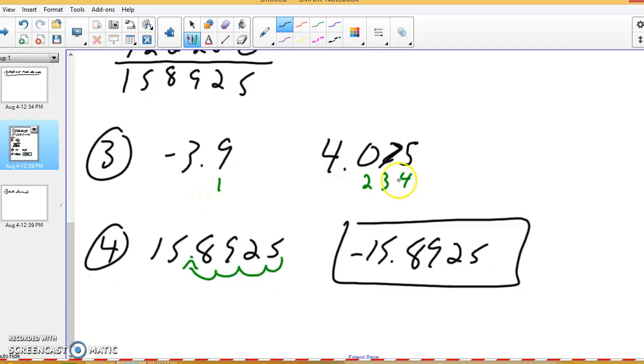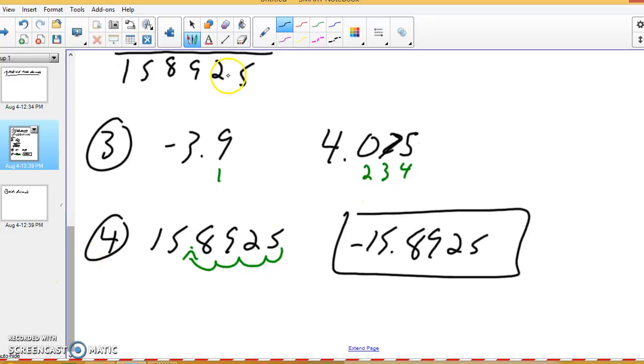You count up the digits behind the decimal points in each number. So we have 1 in 3.9, 3 in 4.075. So that's 4 total. You take your answer to the multiplication algorithm, move the decimal point over however many places, in this case 4. And that is your answer, and you can't forget your sign.